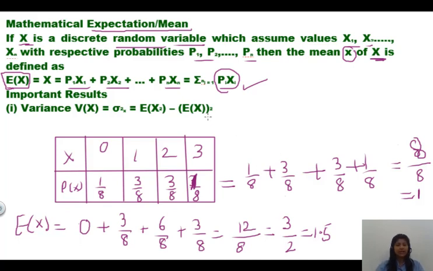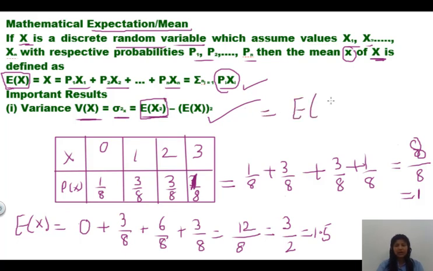Now the next point, as you can read here, is the variance of the probability distribution. This is the representation for it. How do we calculate it? We calculate it as capital E of x square minus the mean that we calculated, squared. This is not sigma actually, this is the capital E, so don't misunderstand it.